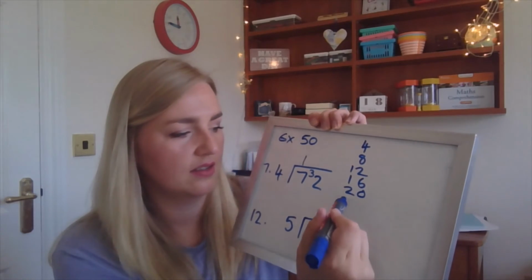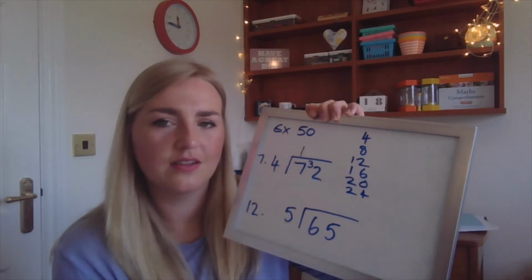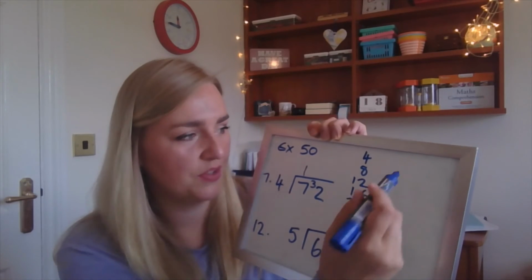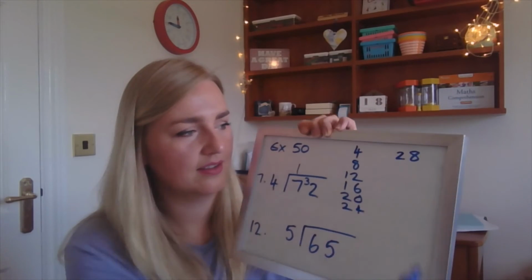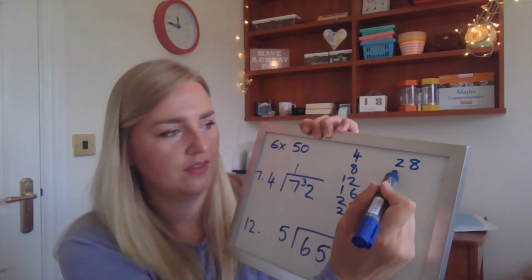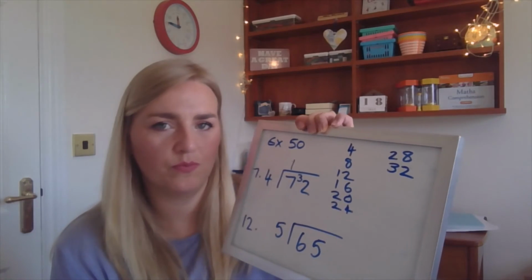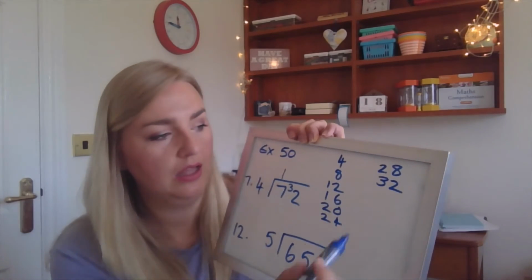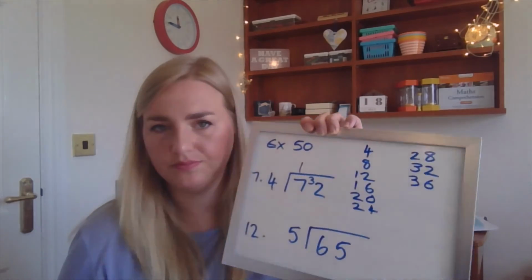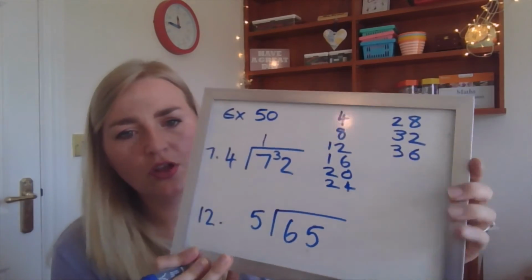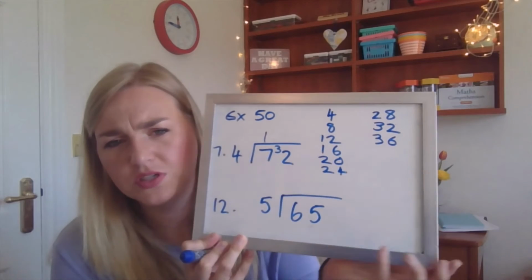What comes next? And next, I'm going to do it up here. And now? Do we need to keep going? We could keep going, just to have it there for later. So there we go. We've got our 4 times table written out.